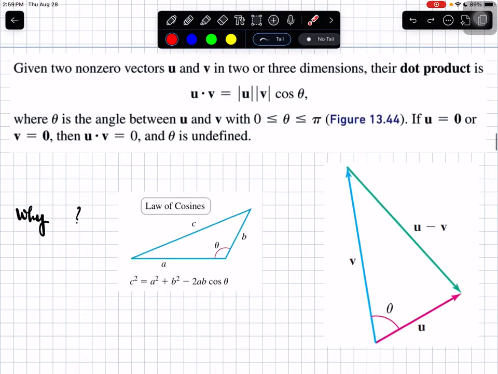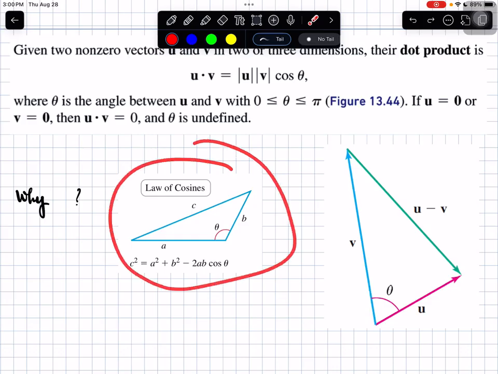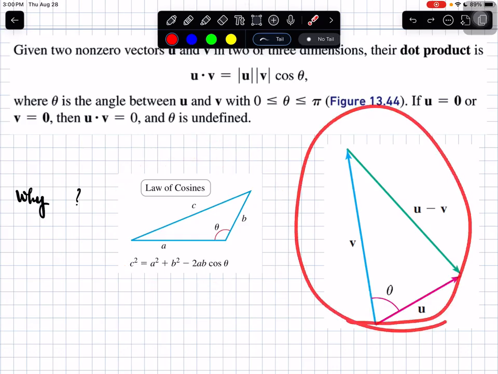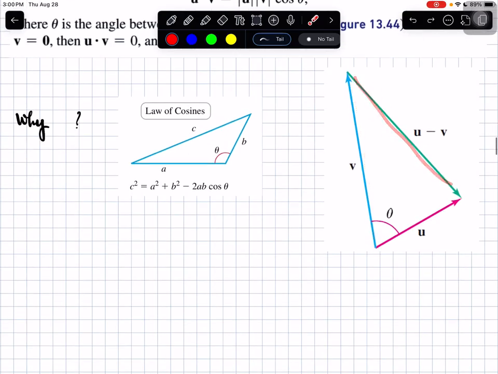Here we can prove this formula using the law of cosines. So here's the triangle we have. If we have vector u and vector v, we know that u minus v is the green vector. We go along minus v, and then we go along u, and we get vector u minus v.